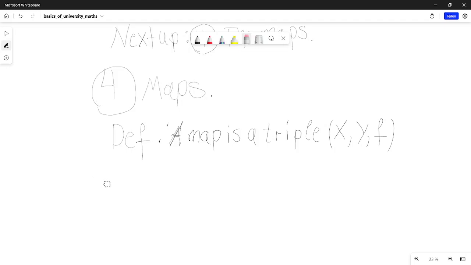And don't be confused by introducing that as a triple of three objects. You'll understand in a minute why it has to be like that, and why it has its justification.